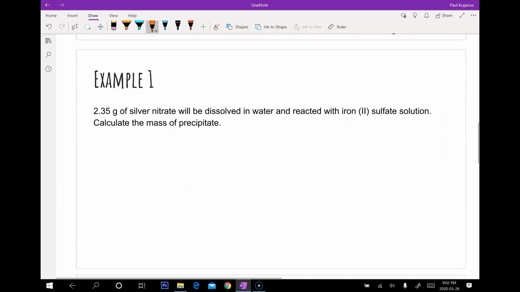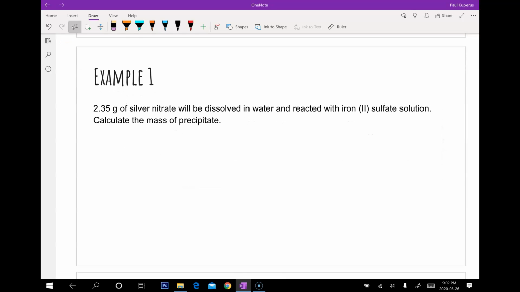I'm going to give you 2 more examples to try, with solutions that will be provided after you pause the video, give it a go yourself, then check the solution. So example 1: 2.35 grams of silver nitrate will be dissolved in water and reacted with iron 2 sulfate solution. Determine the mass of the precipitate.